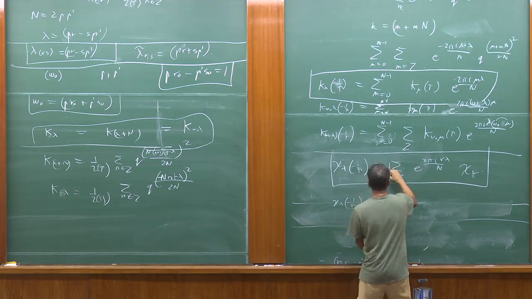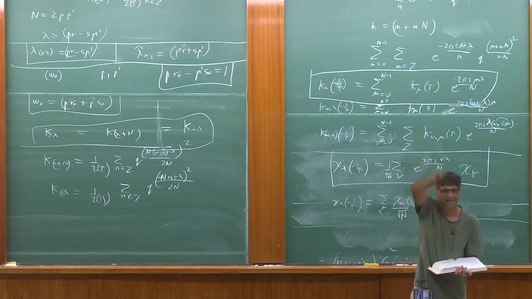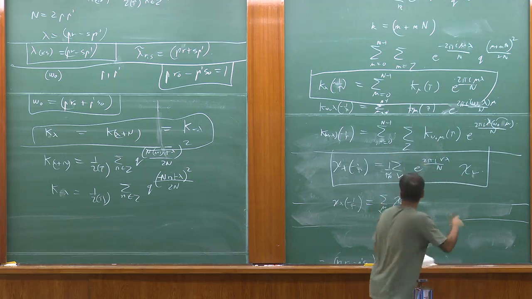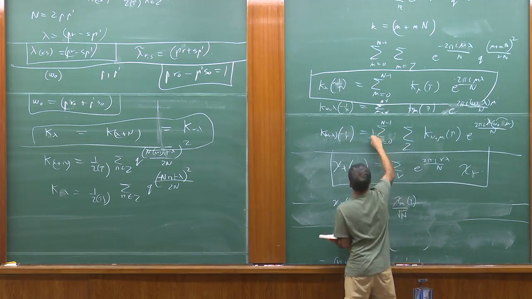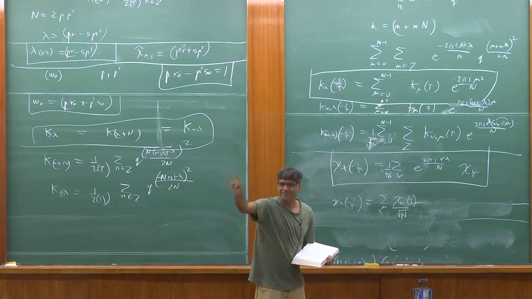This 1 by square root n was the 1 by square root n you guys pointed out in doing the integral. So this also came with a 1 by square root n. That just didn't go away anyway.